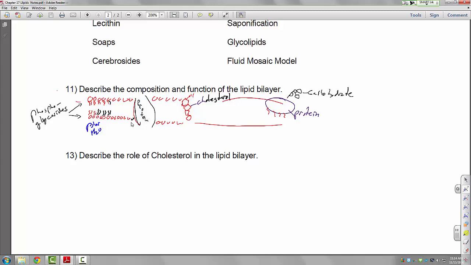So maybe it's not only a lipoprotein, but it's a glycosylated protein as well. And all these different pieces come together to form this fluid mosaic model.